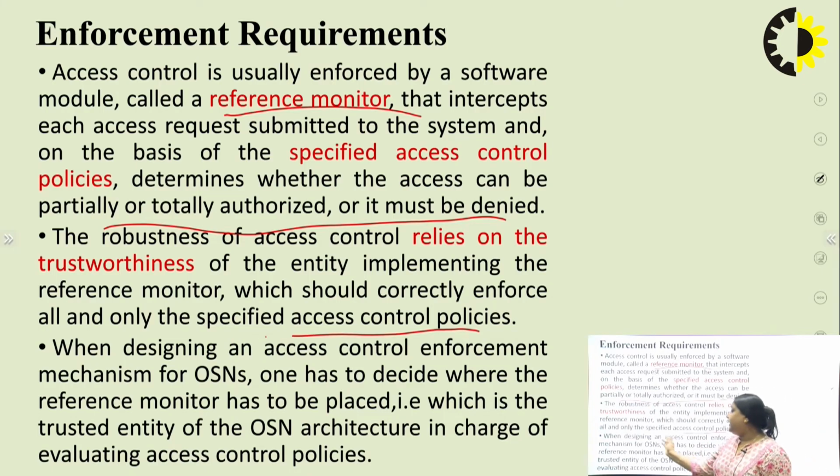When designing an access control enforcement mechanism for online social networks, one has to decide where the reference monitor has to be placed. That is, which is the trusted entity of the online social network architecture in charge of evaluating access control policies.